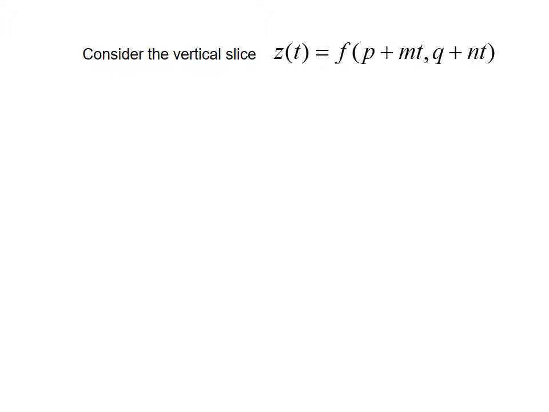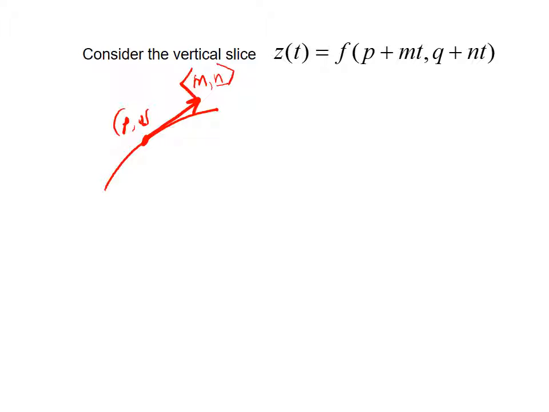Now we did something like this in a previous section. If we've got any curve and a point PQ on that curve, then we can describe that curve in terms of the direction components. Our direction is going to be m and n. We're letting m be the component in the x direction and n be the component in the y direction.